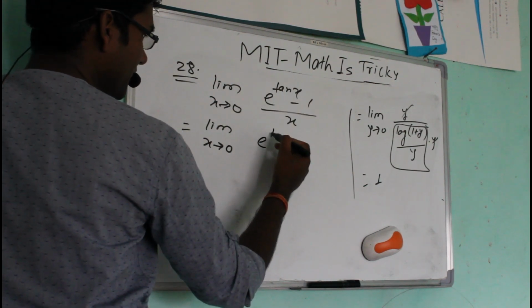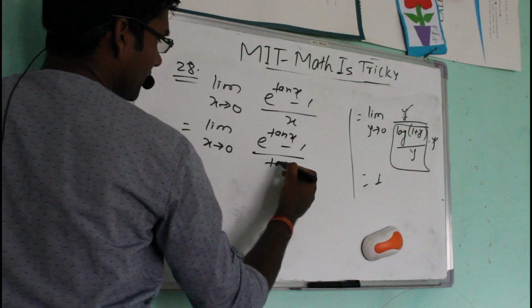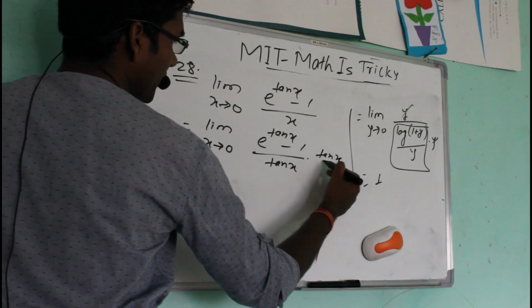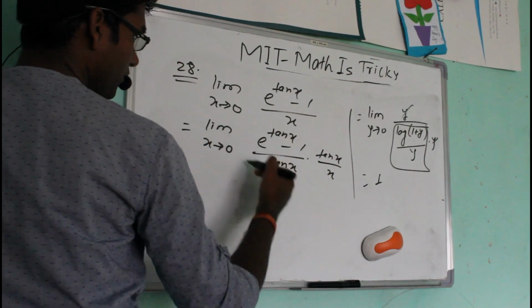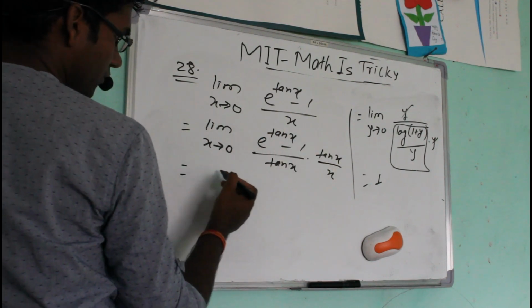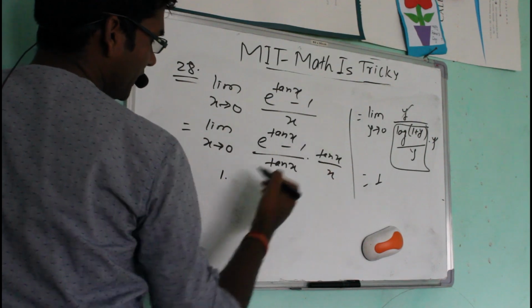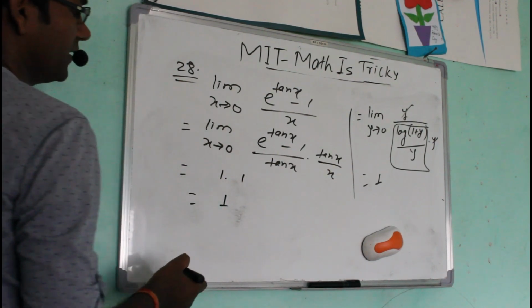So let's write it like that: (e power 10x minus 1) by 10x. Let's balance this, 10x by x, and as this goes in the formula, we can write this as 1, and 10x by x already proved as 1, so the answer is 1.